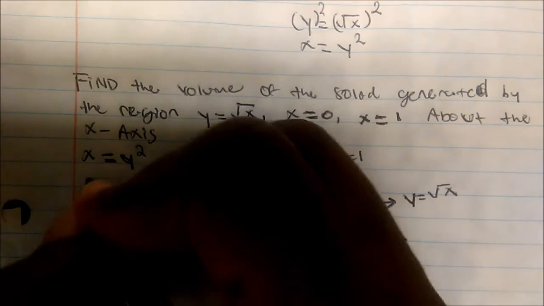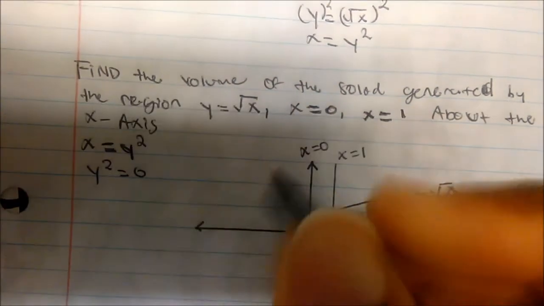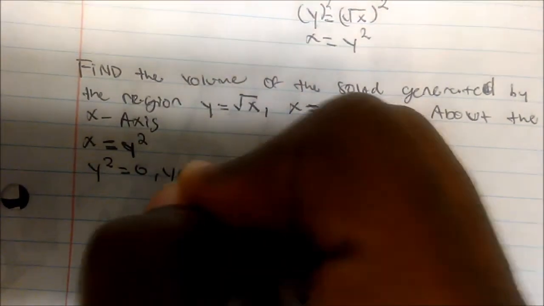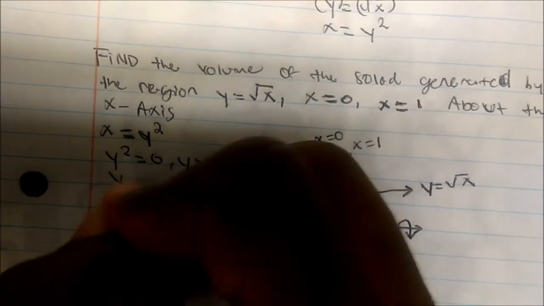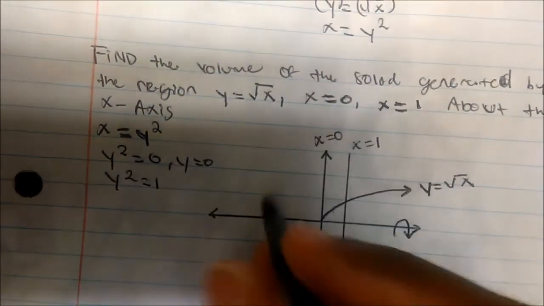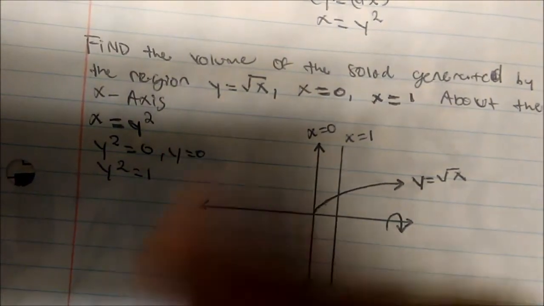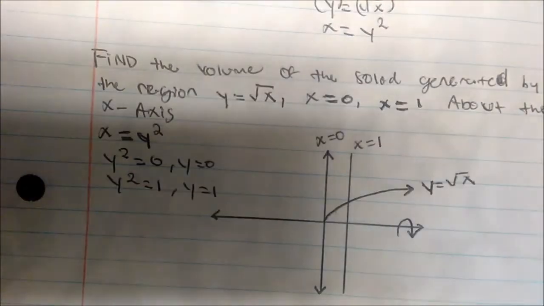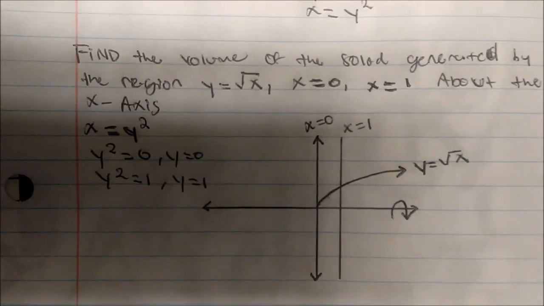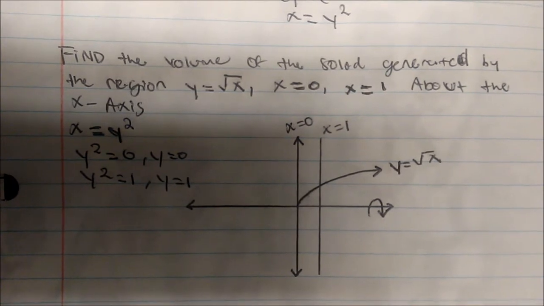If I set y squared equal to 0, I get that y is equal to 0. And if I set y squared equal to 1 and take the square root, y is also equal to 1. Okay, so that's the whole idea.